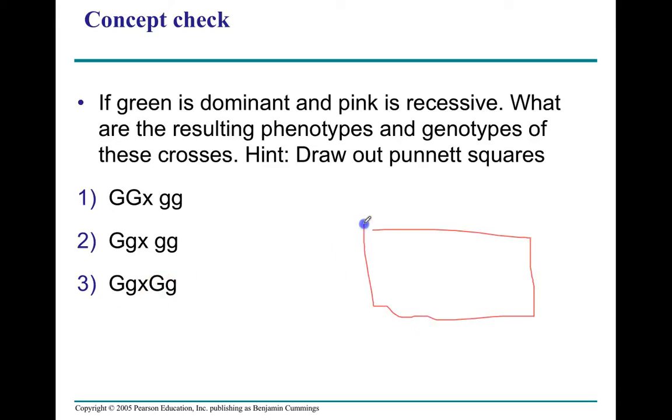If you put a Punnett square like this, gametes from this parent will be a big G, little g. Gametes from this parent will be big G, little g. So for children, you just mix up like this.